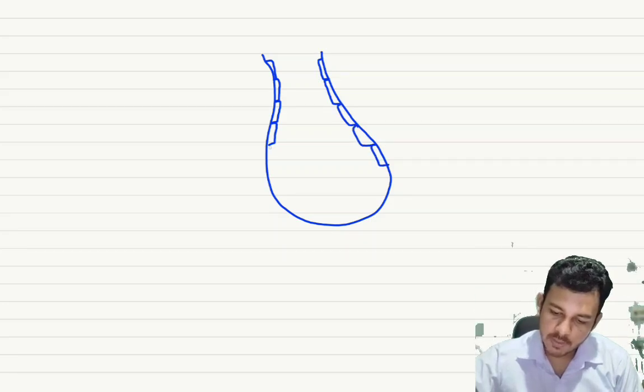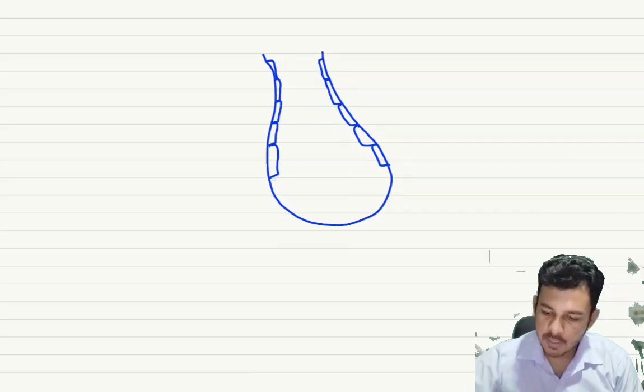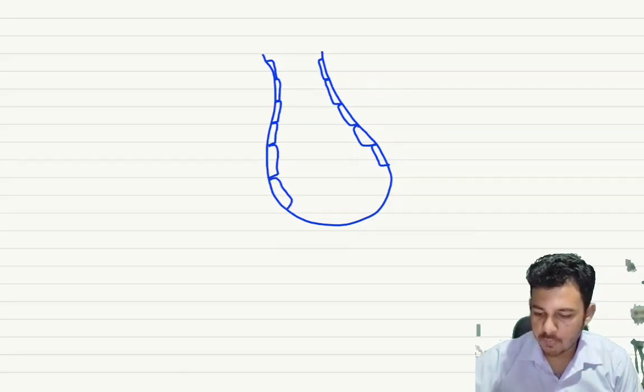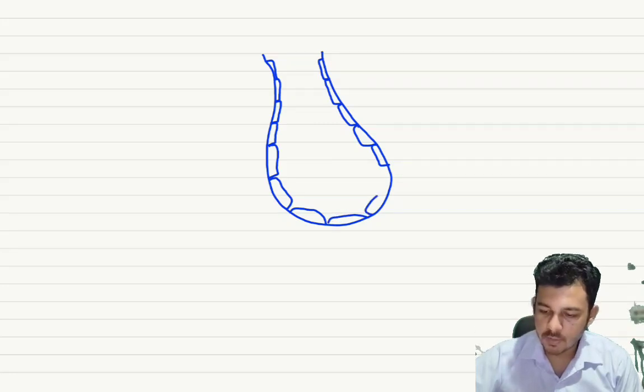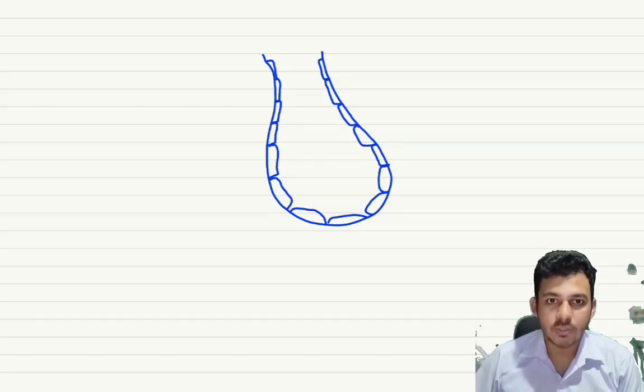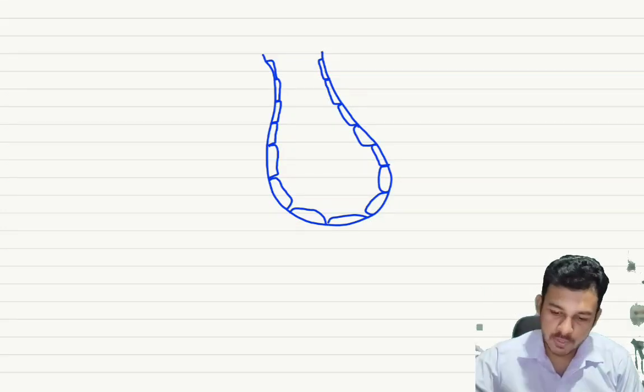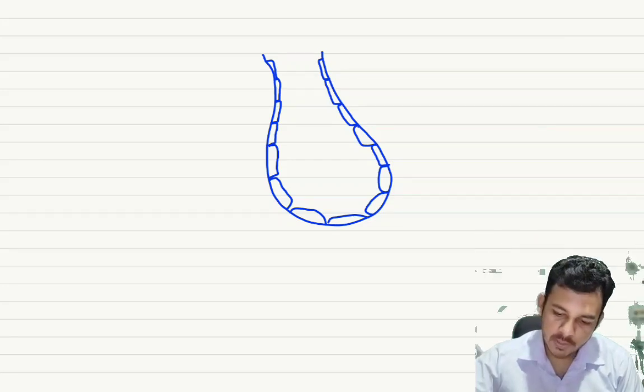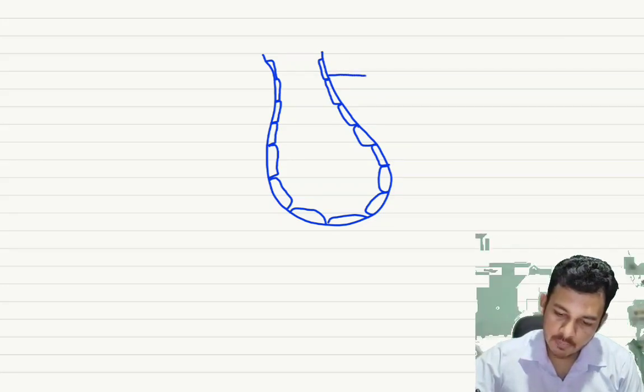What is squamous epithelium and what is epithelium? What are the other forms of epithelium we have discussed when we were discussing the chapter of structural organization in animals. So this is the single layer of squamous epithelium which is present in the alveoli. Now all of you know that epithelium rests on something called the basement membrane. So whatever is present which is supporting this structure is basically the basement membrane.